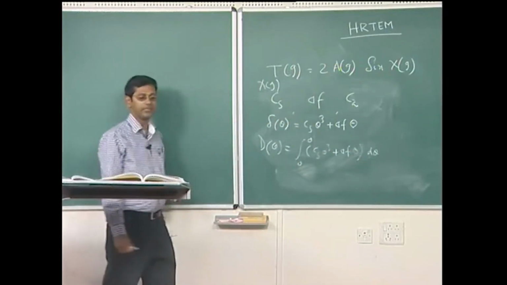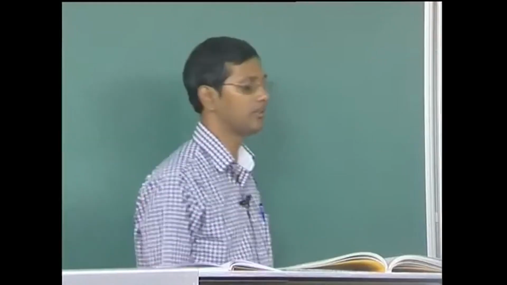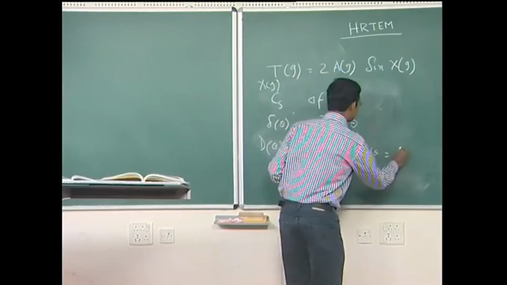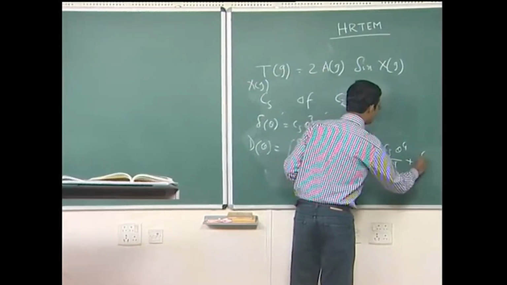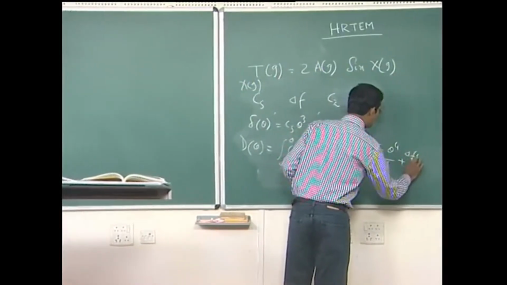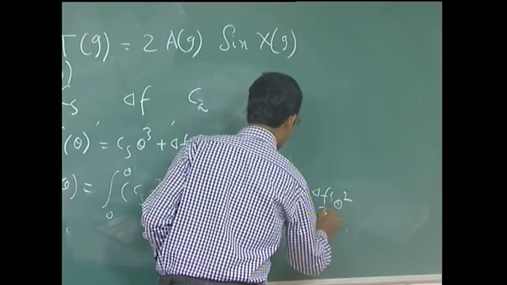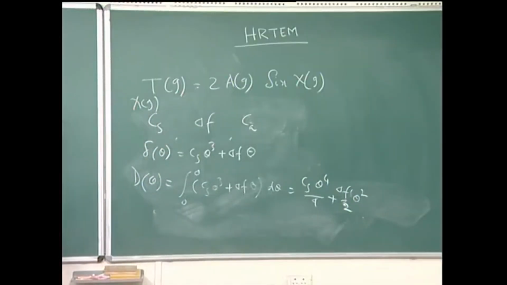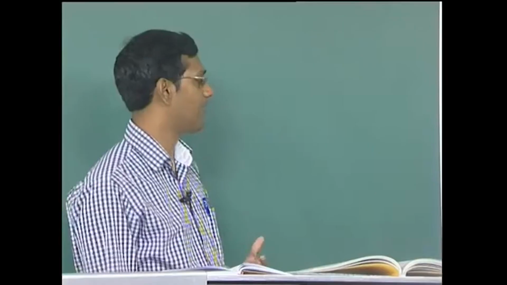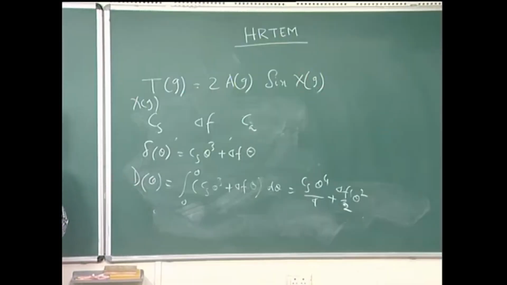If we integrate this equation, we get Cs theta to the power 4 by 4 plus delta f by 2 into theta squared. This is the average disk diameter.